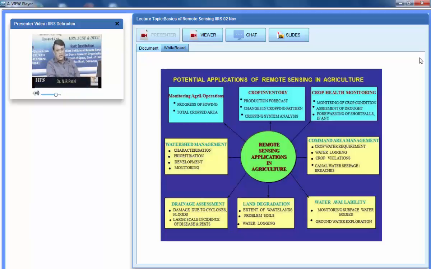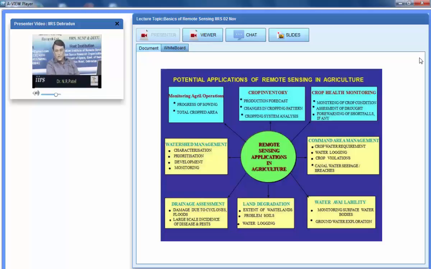Another area where remote sensing is useful is crop health monitoring. Here, monitoring of crop condition, particularly drought impacted or drought affected vegetation condition.